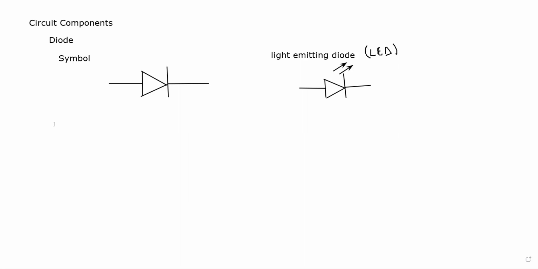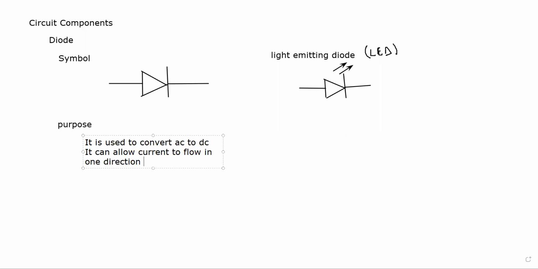Now, what is the purpose of this diode in the circuit? Why do we use it? It is used to convert AC, alternating current, to DC, or it can allow current to flow in one direction through the circuit.